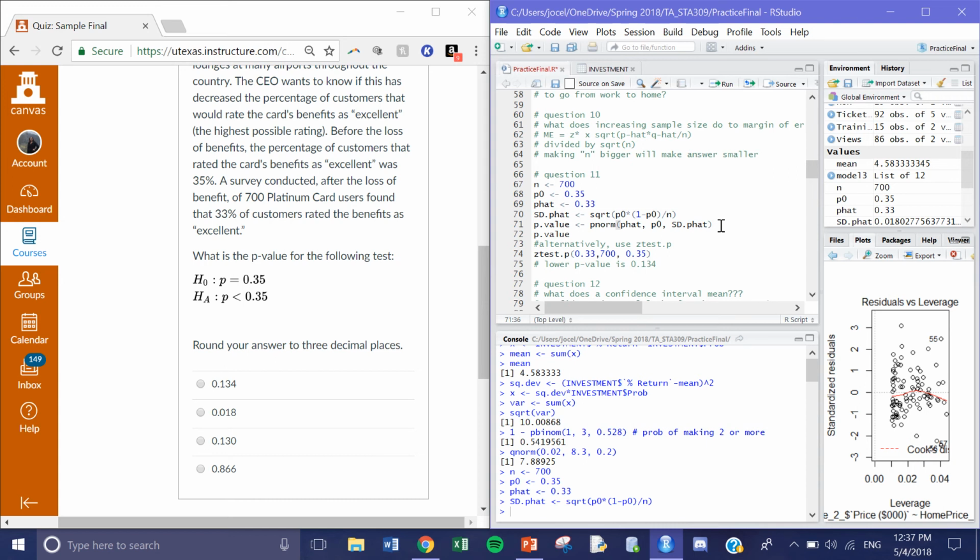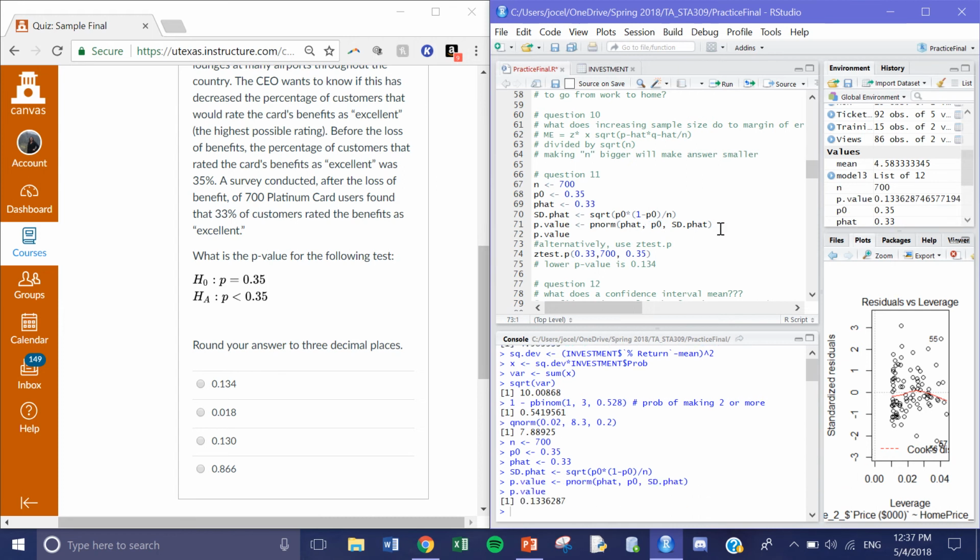So we're basically calculating the probability of seeing something as extreme as or more extreme than the sample, which is as extreme as 0.33 or more extreme than 0.33, given that the null, this 0.35, is true. So I'm going to calculate my p-value, and I see the p-value is 0.134.